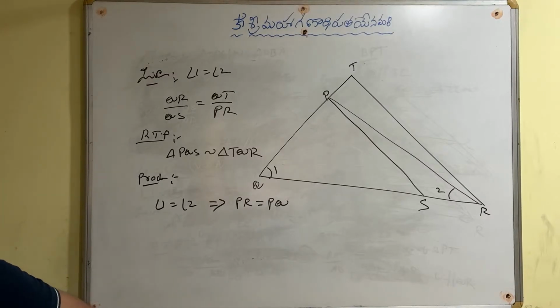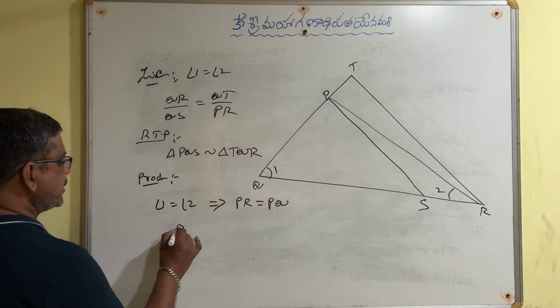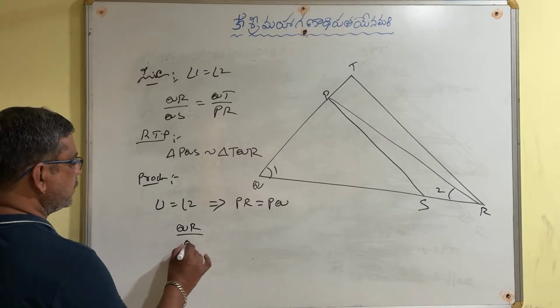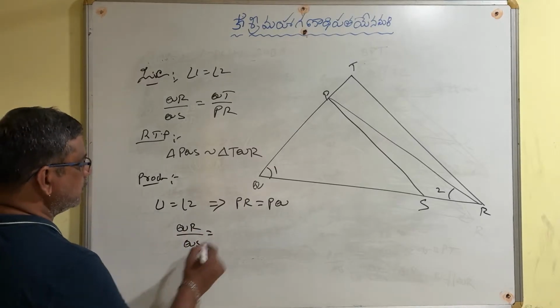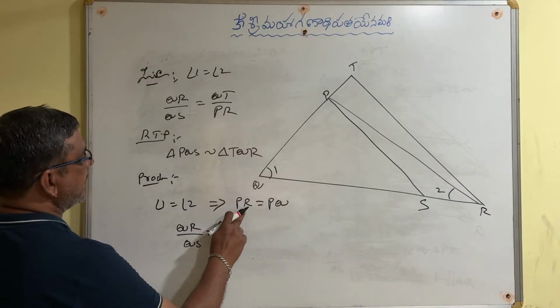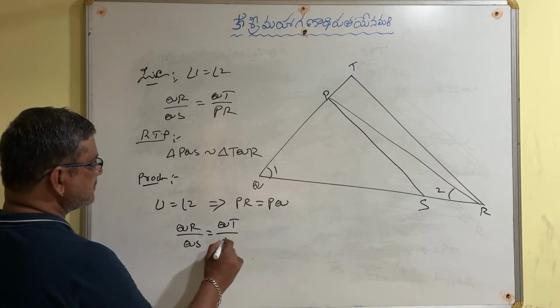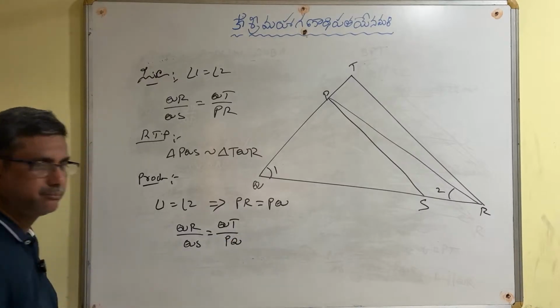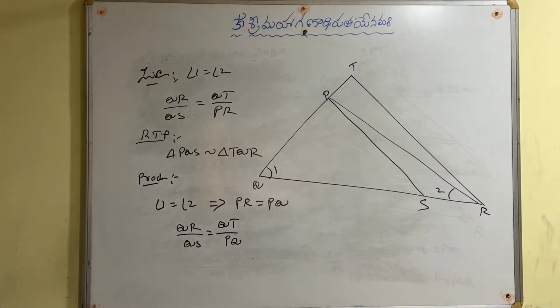Now, in this ratio, QR by QS is equal to QT by PR, in the place of PR I can replace it with PQ, because they are equal.